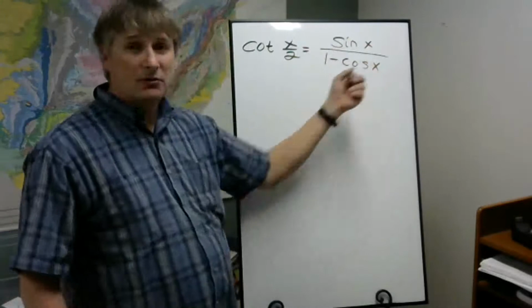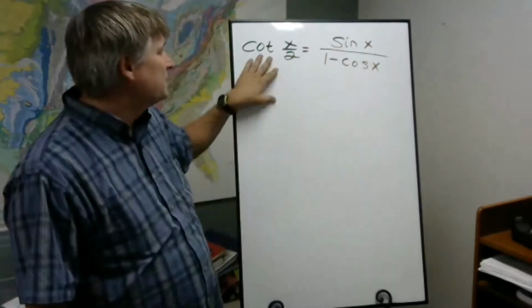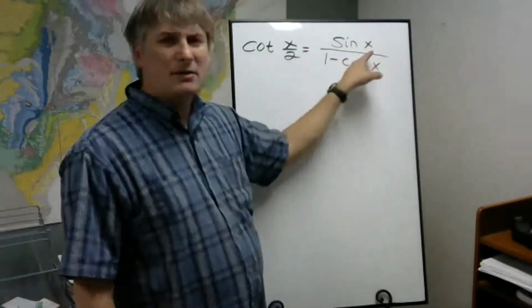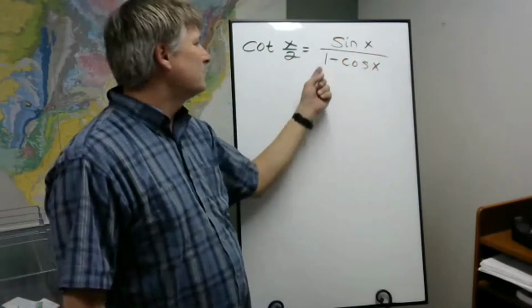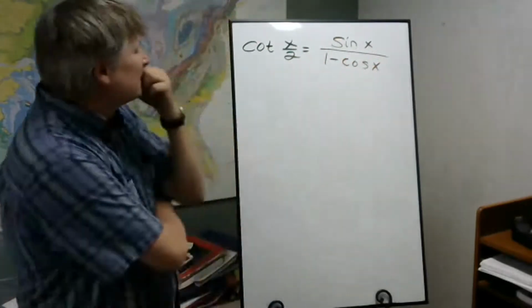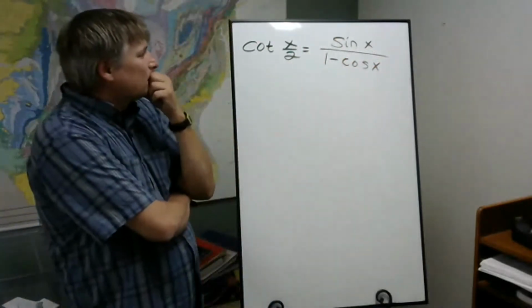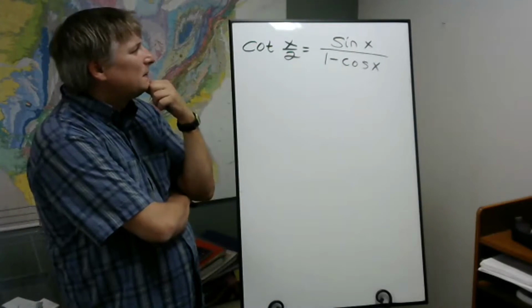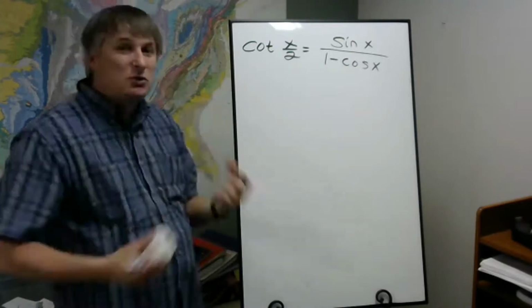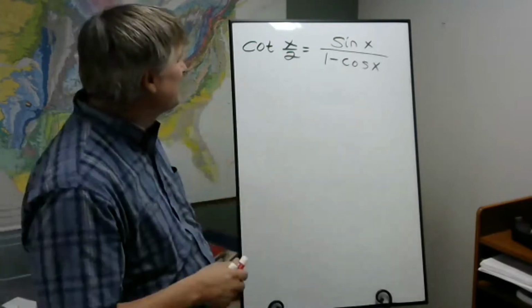So this becomes negative also. If this is negative, and this for some reason came out positive, you need that minus sign to make this side negative. So one thing you could consider in this is, do you have to actually do that?